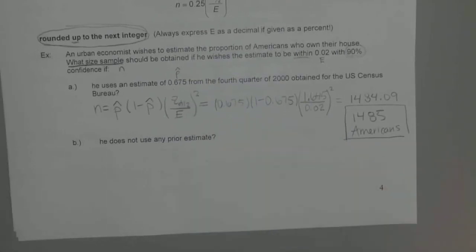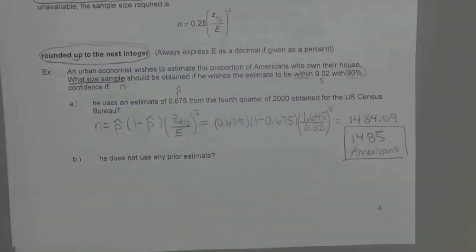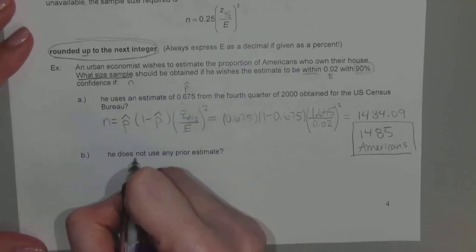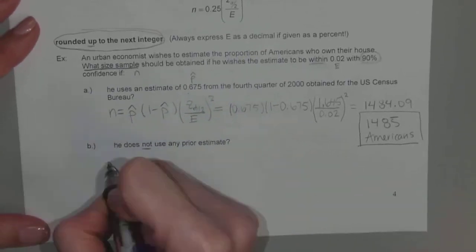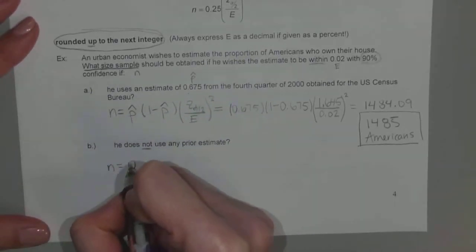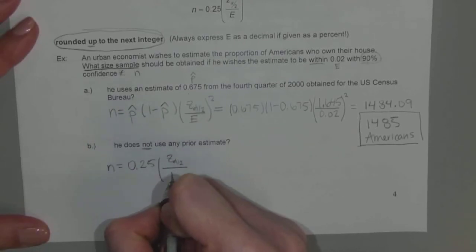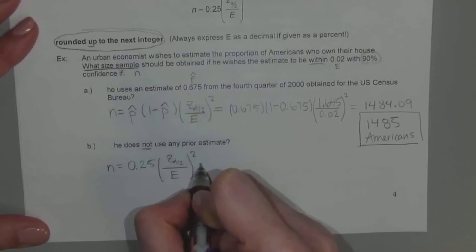All right. Say you didn't go to the Census Bureau from 2000 and you don't have a starting point. You'll have to use this second formula, and you're going to notice something that happens. So we're going to use the second formula because we don't have a prior estimate: n equals 0.25 times z alpha over 2 all over e, the quantity squared.